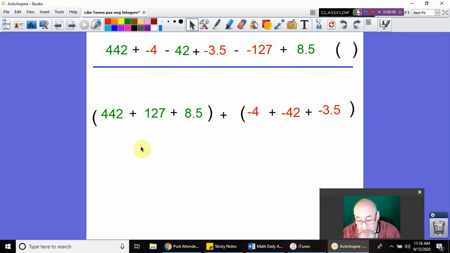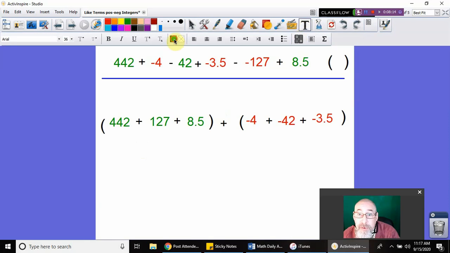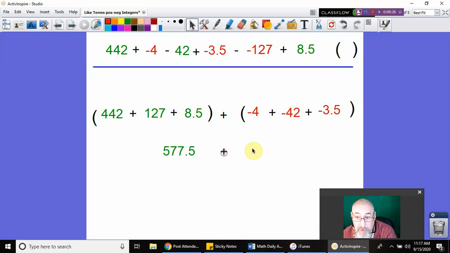So 442 plus 127 plus 8.5. I end up with a nice value of 577.5. And because it's addition, now we have the same signs. These are all negative values.